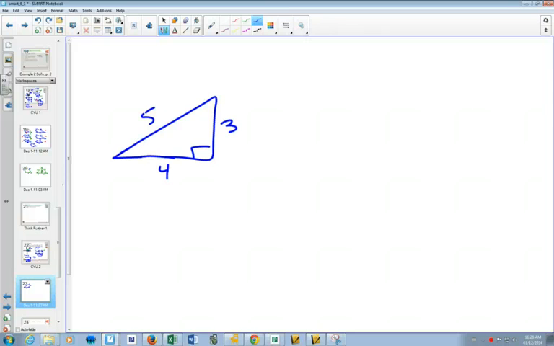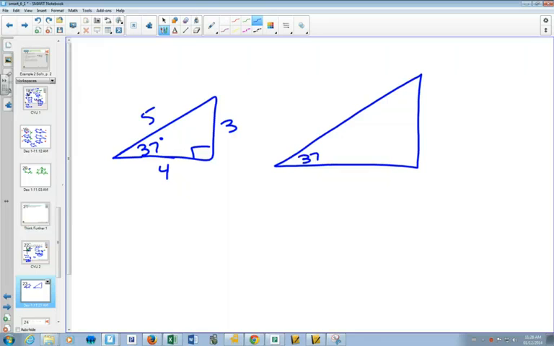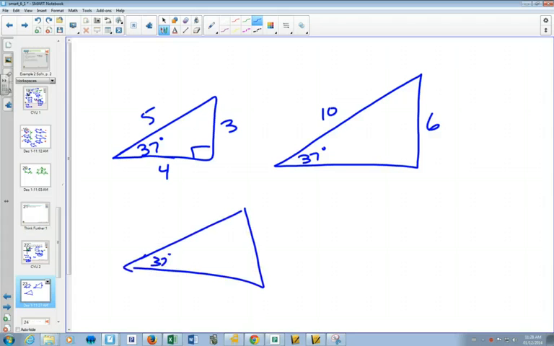What they noticed is this happens to be about 37 degrees, okay? If they made any 37-degree triangle and measured this side, it happened to be 6 and this side happened to be 10. They did another 37-degree triangle and this side happened to be 9 and this side 15.